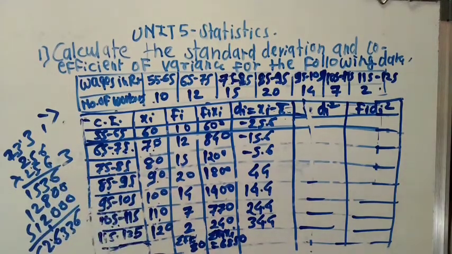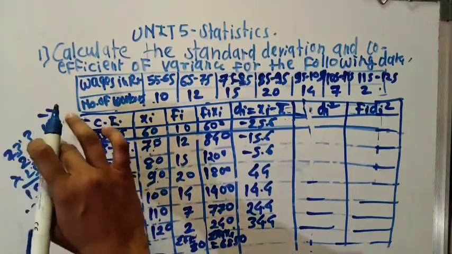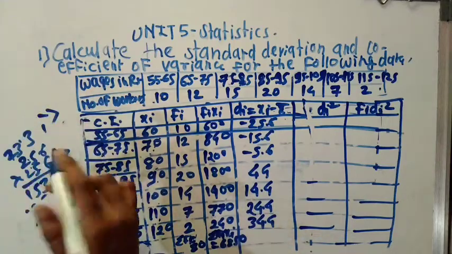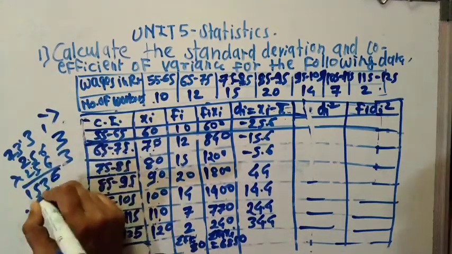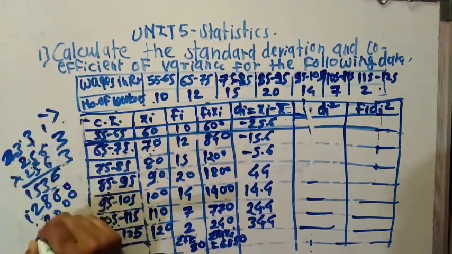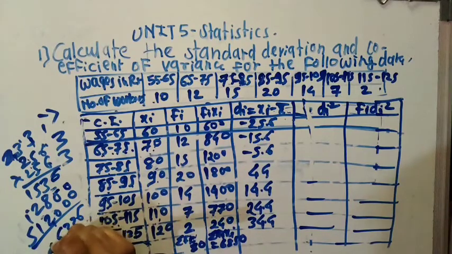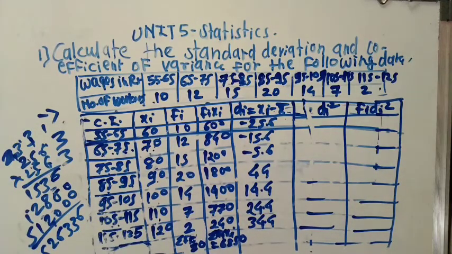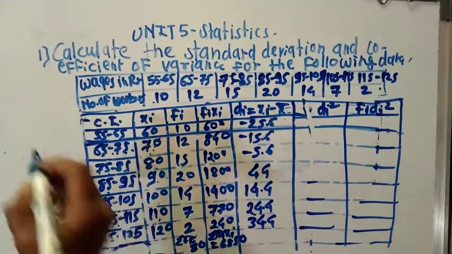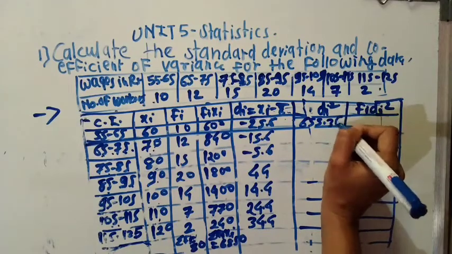So then find out this di square: 655.36.